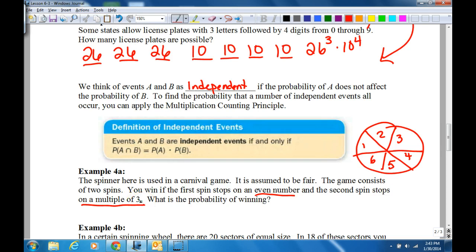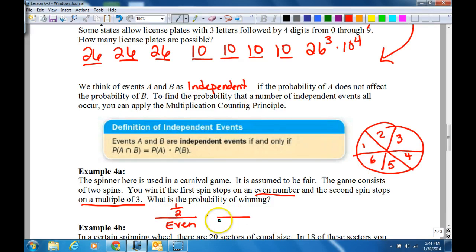So me stopping on an even number, does that affect my second spin at all? No, it doesn't. So they are very independent. Okay? So first I want to look at what is the probability of stopping on an even? 1/2 or 3 out of 6, right? Okay?